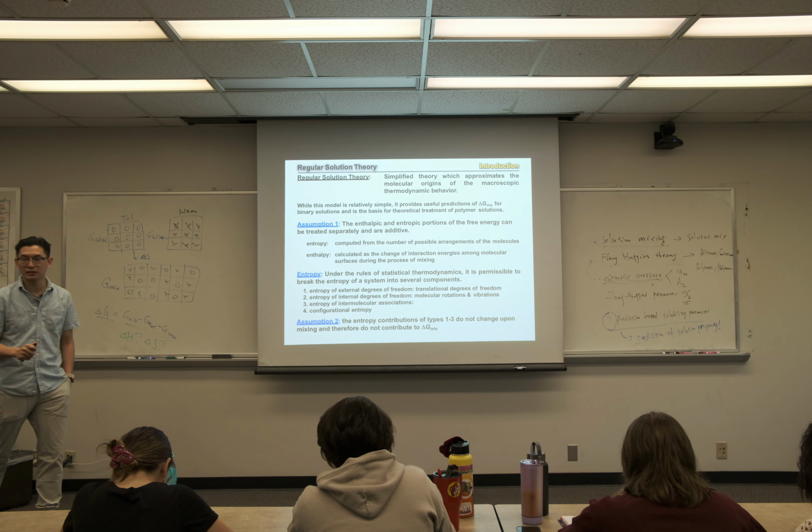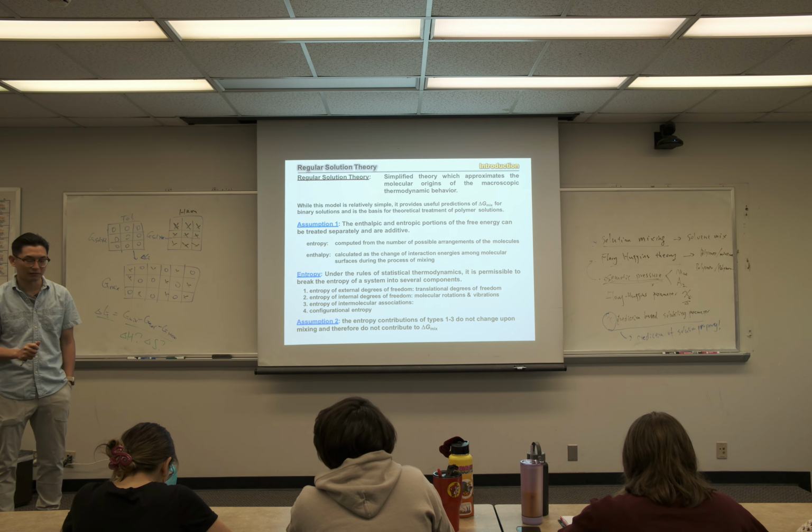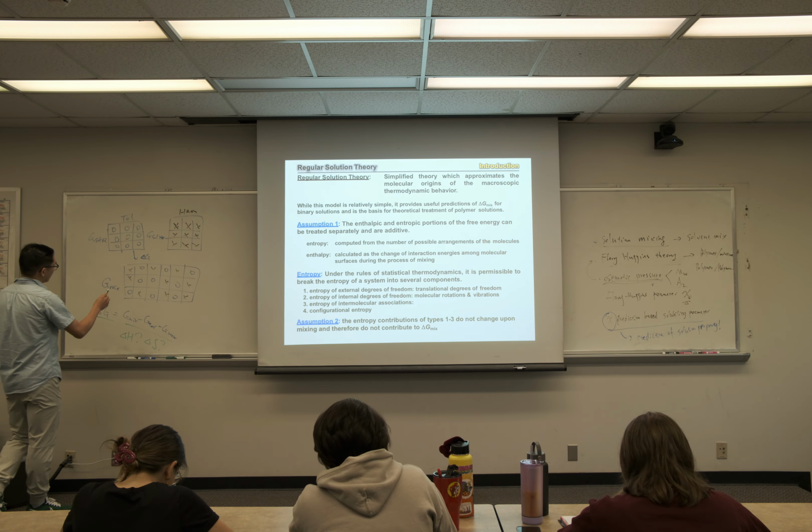We need to calculate those two parameters so that we can predict if those two will mix or not, and come back to delta G. So I'm going to stop here and we can pick that up next lecture, when we first talk about how to calculate delta S, then delta H. If we can calculate both, we will be able to predict mixing or not.